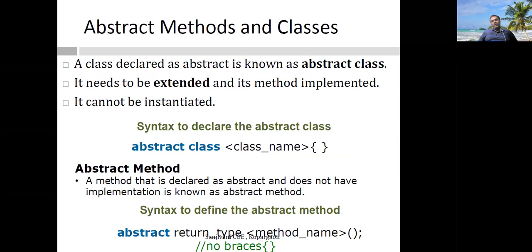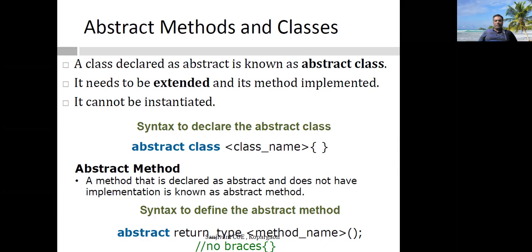Then the next one is abstract class and abstract methods. The Java programming language provides support for abstract classes and abstract methods. We can declare a class as abstract by defining the abstract keyword before the class keyword. When the user wants to make a method abstract, just specify the keyword abstract before the return type of the method.